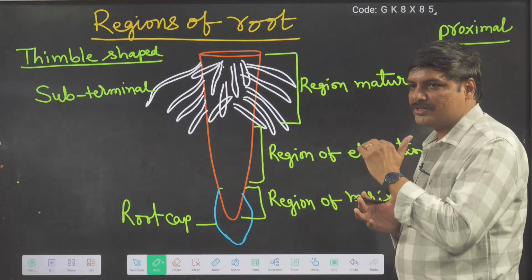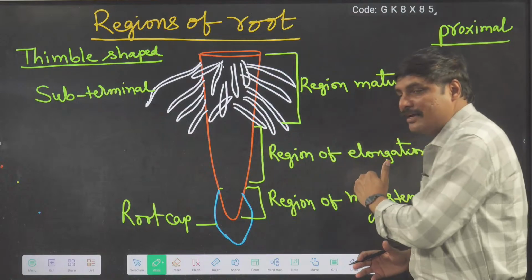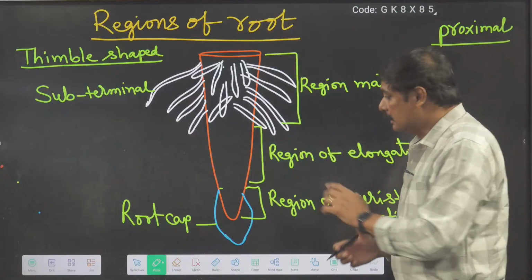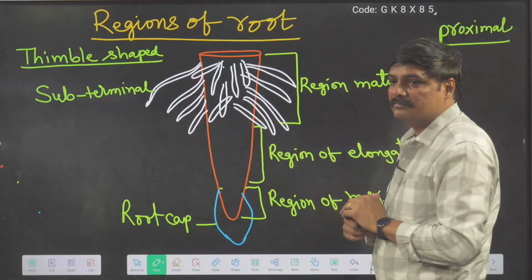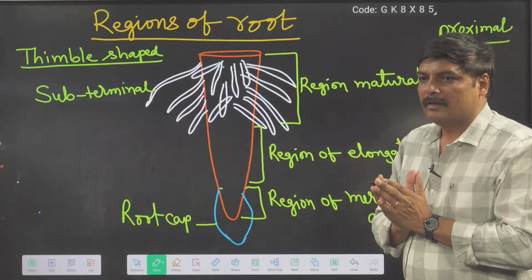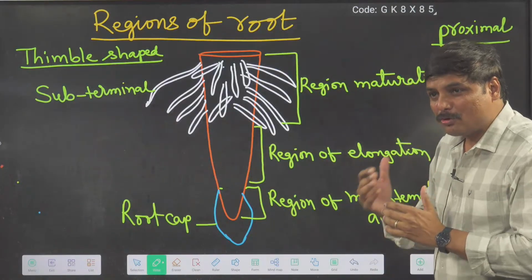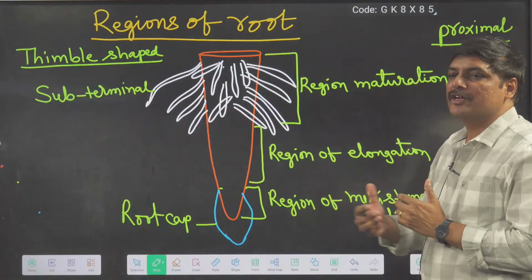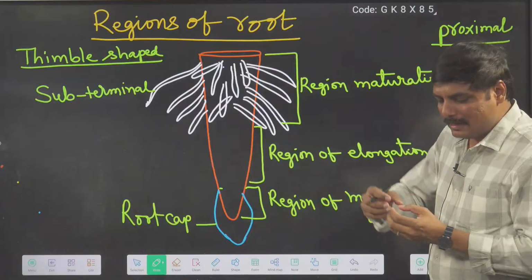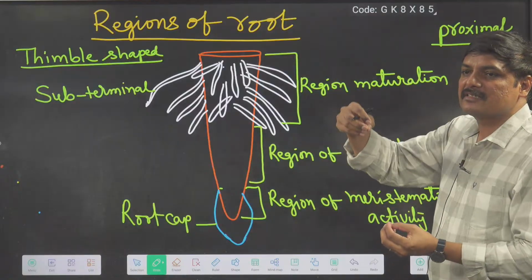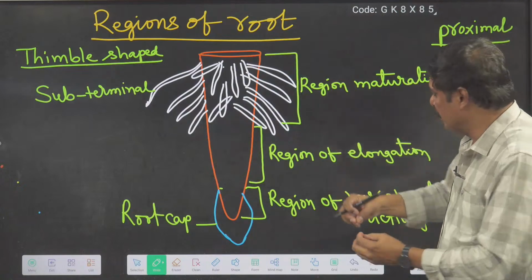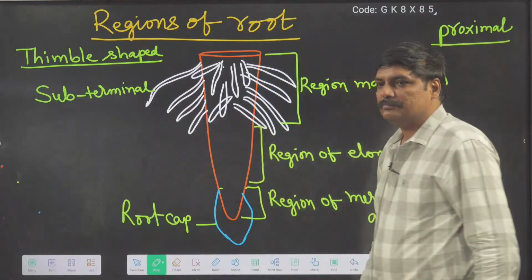The cells of this region undergo rapid elongation and enlargement. Because of that, the length of the root increases. So, elongation of the root takes place in this region. Understand?